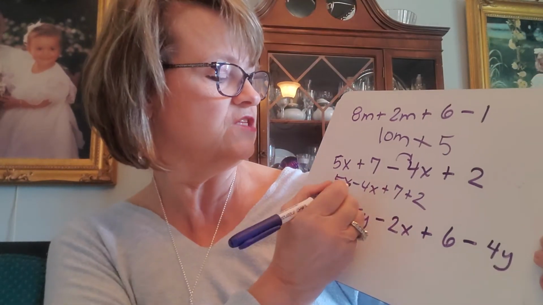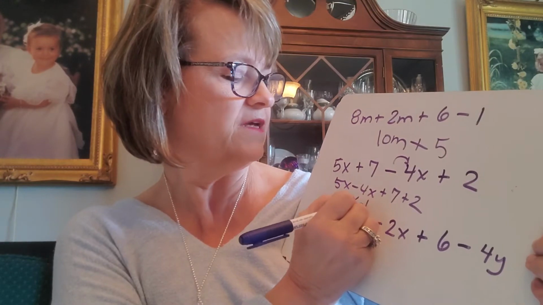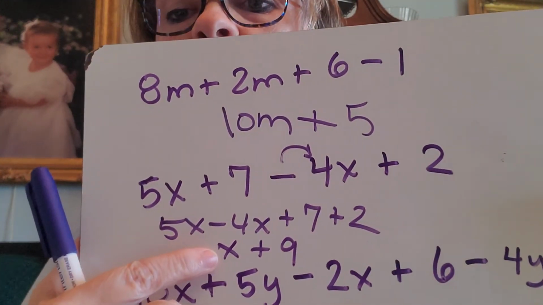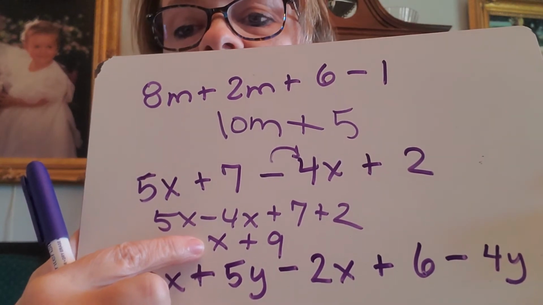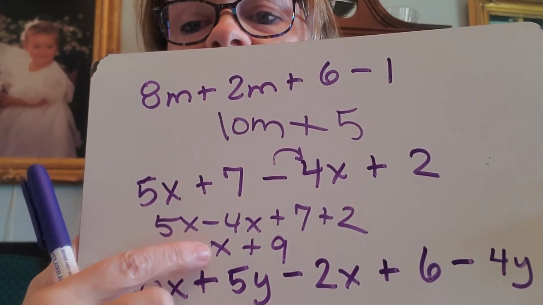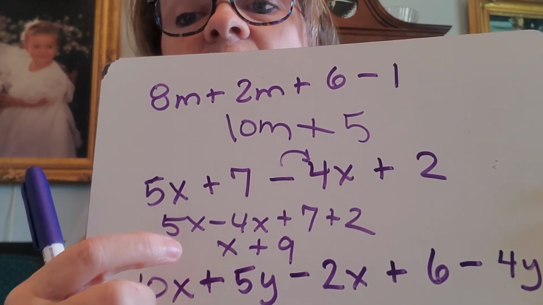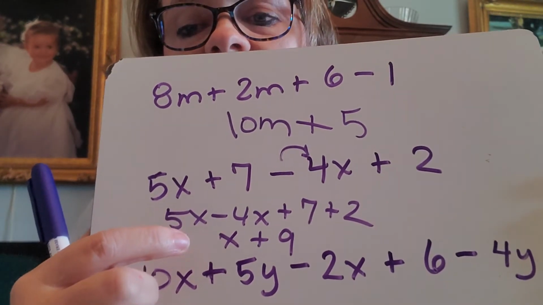So the answer to this would be 1x plus 9. You can actually put the 1 in front of this x if you want to, but you don't have to. 5x subtract 4x's is 1x left over. 7 plus 2 is 9. There's no x's on the 9, so this is done.